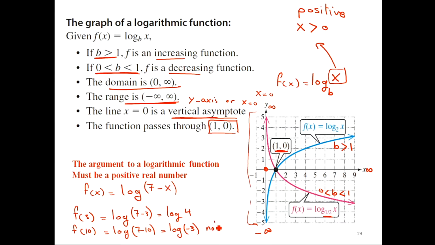This is not defined, or undefined. Because the result inside the logarithm, the argument, is negative. The argument must be positive. Okay.